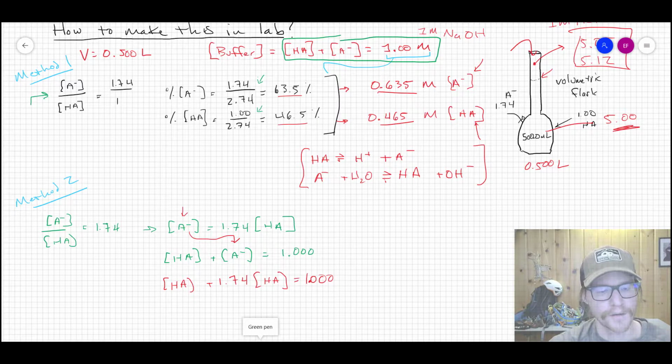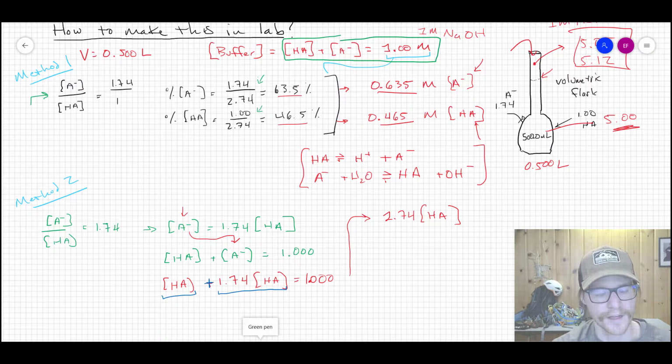Okay, so what that gives me, if I add those up, would be 1 HA plus 1.74 HA would be 2.74 HA. Make sure you see where that's coming from, because I'm taking one of these HAs plus 1.74 of these HAs. I'm adding them together. That's a positive sign here. That's an addition. Gives me 2.74 of the HAs. That's equal to 1.00. So then HA concentration has to be equal to 1.00 over 2.74.